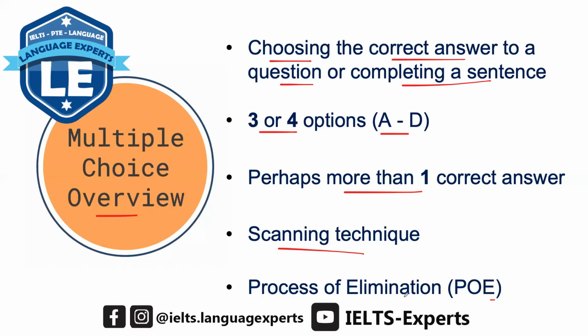This is great, especially if you are really stumped on a question and you're not quite sure of the answer. We can use this technique to increase our chances of getting the correct answer, even if the question is very difficult. So these are some common characteristics and features of the multiple choice question type.